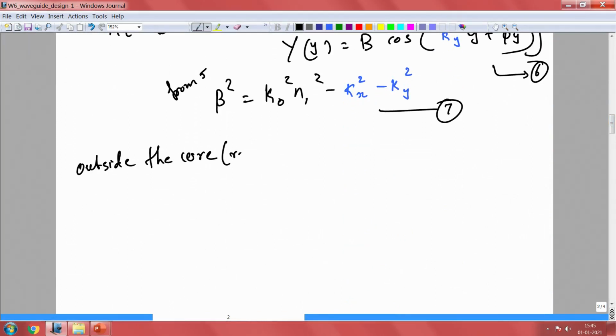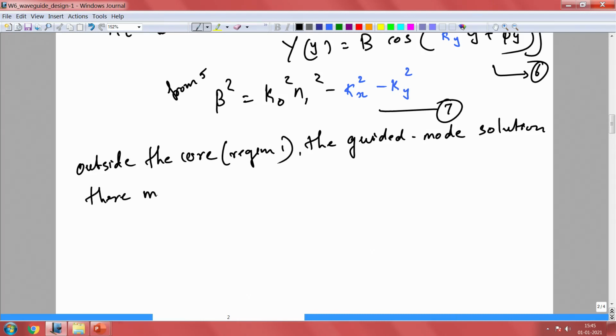Outside the core, in this case region 1, the guided mode, this is very important, not for all the modes, for the guided mode solution there must be at least one exponential decaying component.